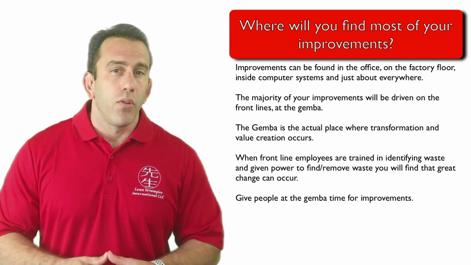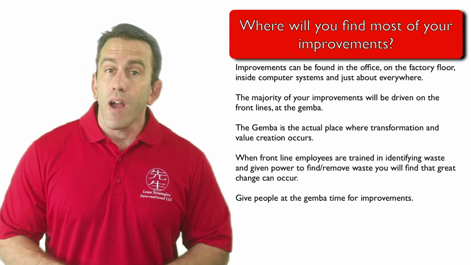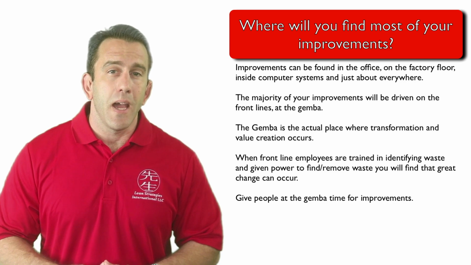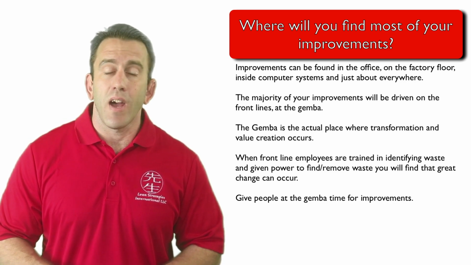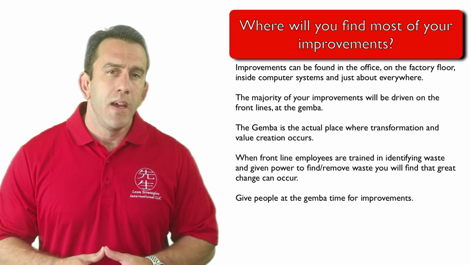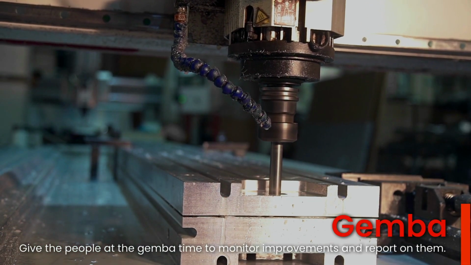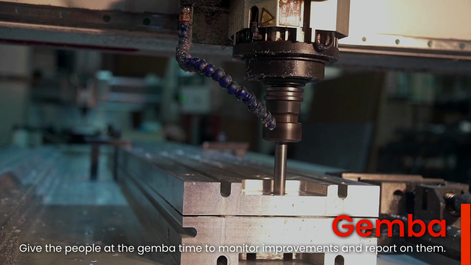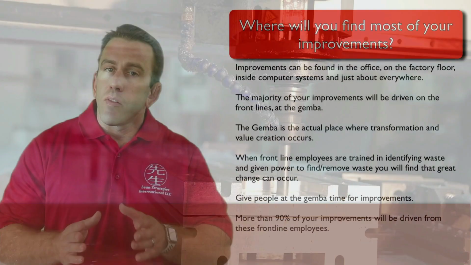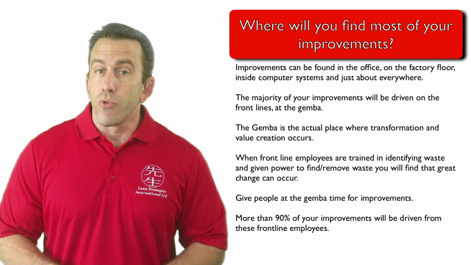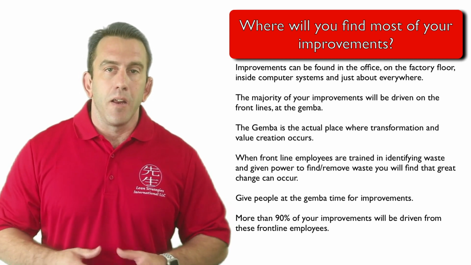Since these individuals create value as well as drive improvements, it can be very helpful for the people at the Gemba to have time set aside to make improvements. This will give the people at the Gemba time to monitor improvements and report on them as changes occur. It's been said that more than 90% of your improvements will be driven from these frontline employees.